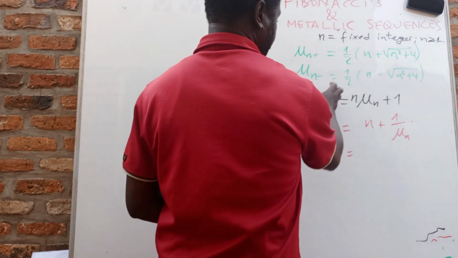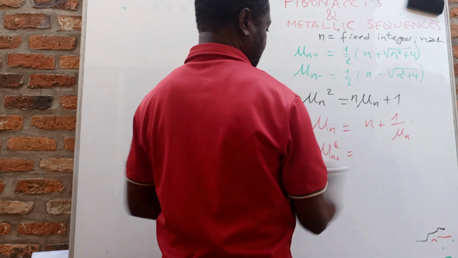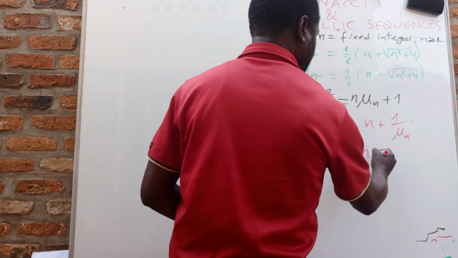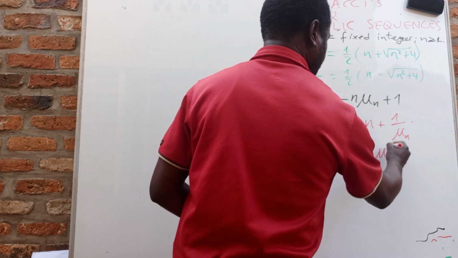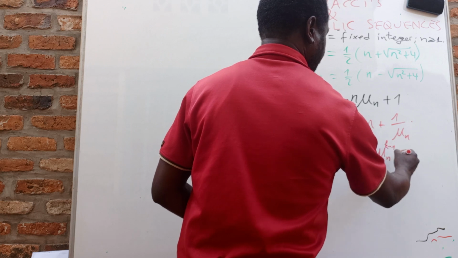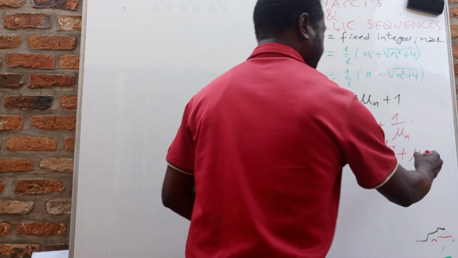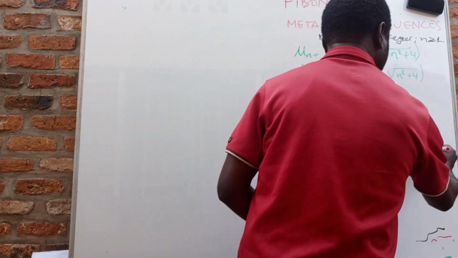So we multiply both sides by power k minus 2, and get mu n power k minus 1 plus mu n power k minus 2.